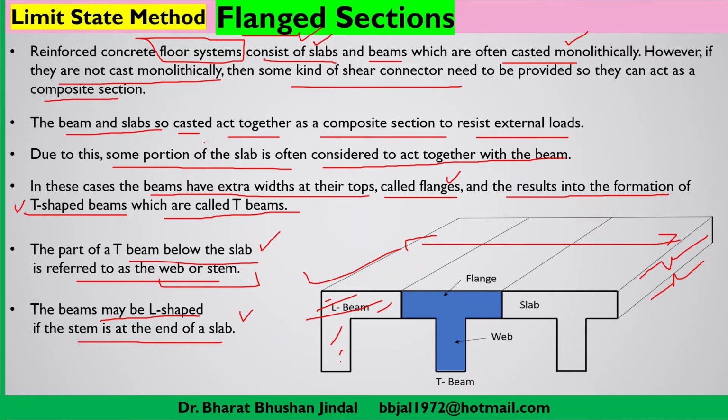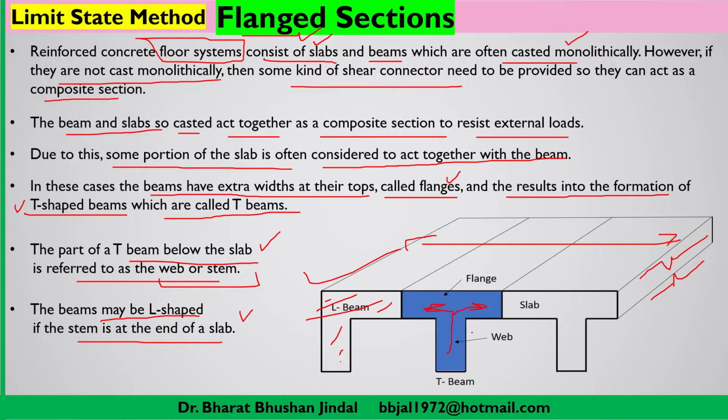As already discussed, this portion of the slab which we have to consider is acting as a part of the beam. So this whole blue color diagram which I have shown is basically a T beam.